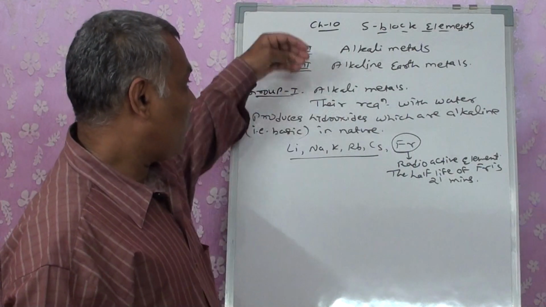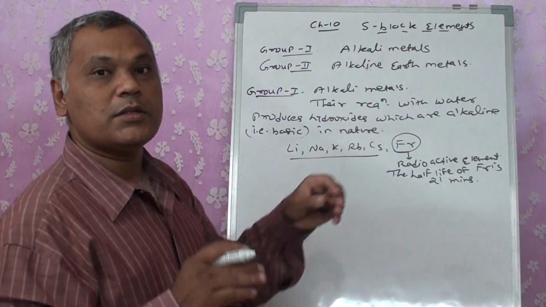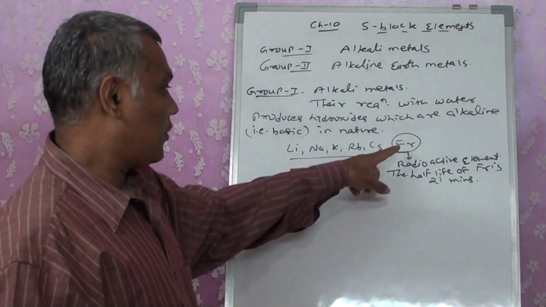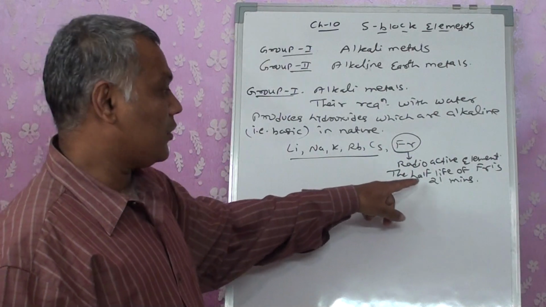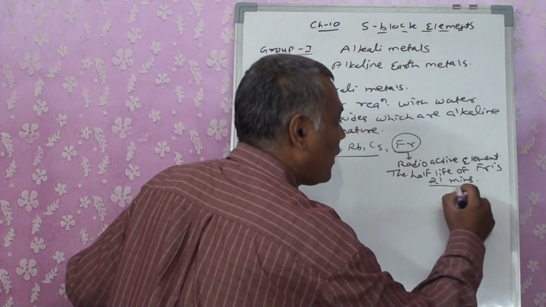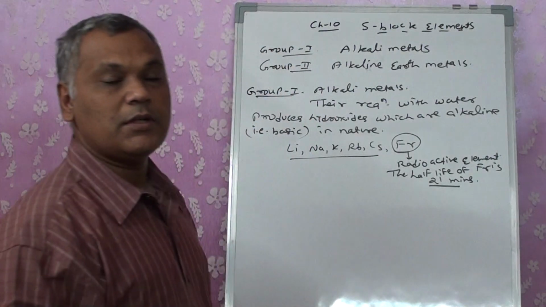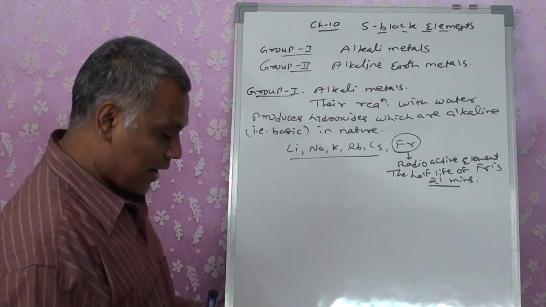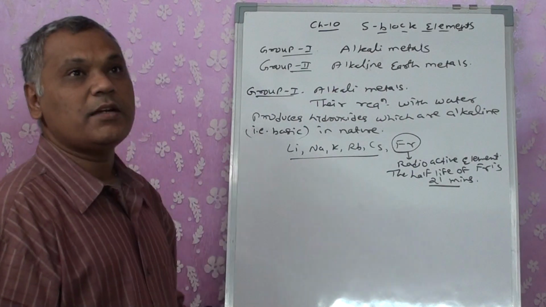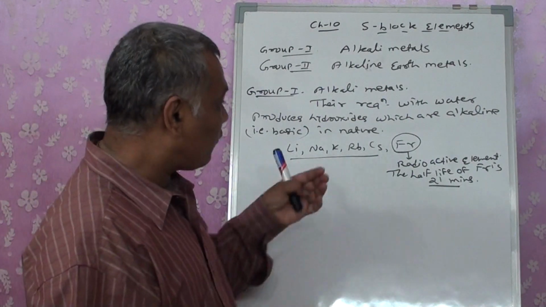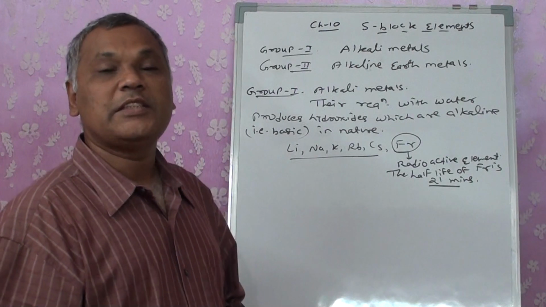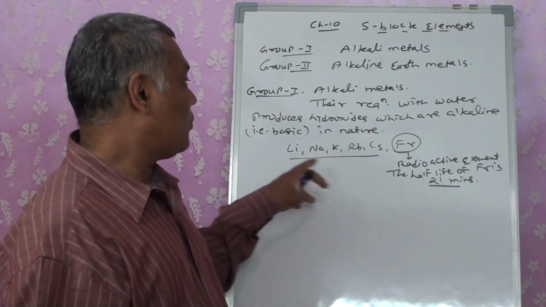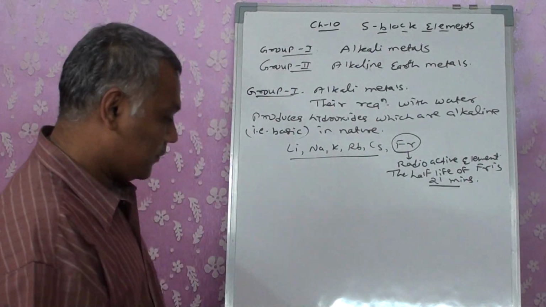Within this chapter we study only those 5. For francium, because it's radioactive and its half-life is 21 minutes, we don't go for chemical reactions; its chemical and physical properties are still under study by different scientists. So we will be studying the rest.